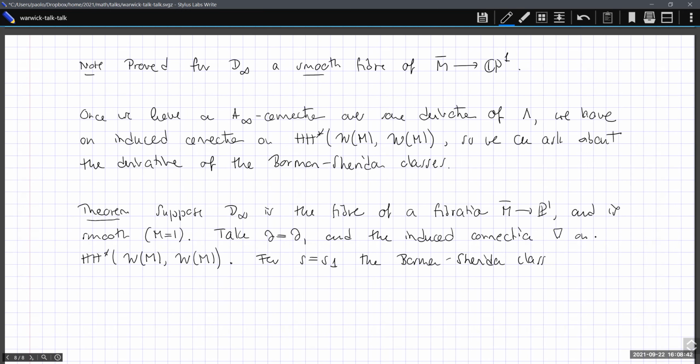So for the Borman-Sheridan class, I try to differentiate it, and it's almost S squared. This uses the ring structure. And there is a wrong sign that I put in: minus some multiple of the unit, corresponding to the function 1.